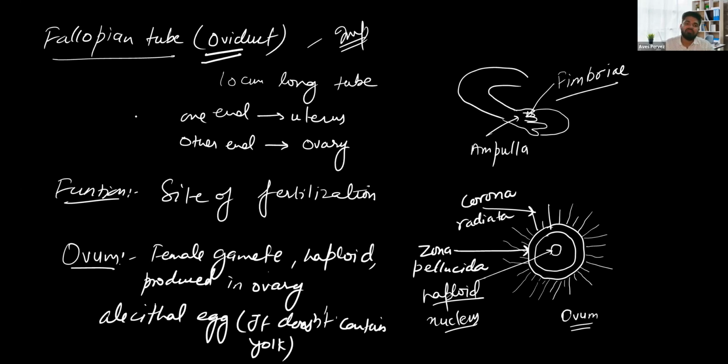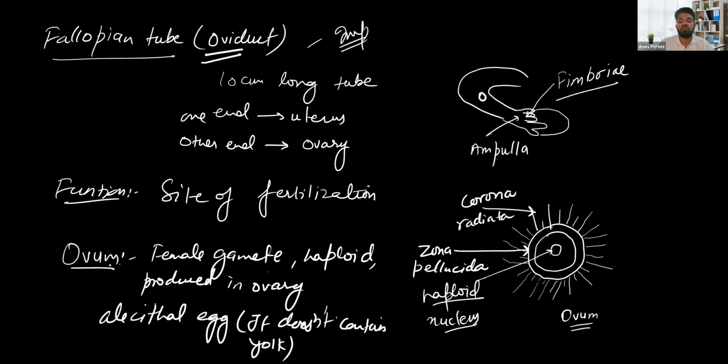The ovum is released from the ovary and reaches here, and then it waits for the sperm to come and fertilize. So fertilization only takes place in the fallopian tube or oviduct. This is a very important question that is asked: what is the site of fertilization? The main function of the fallopian tube is to provide for the process of fertilization. So it is the site of fertilization.